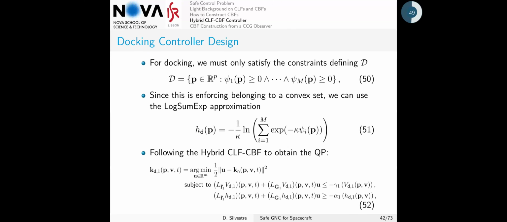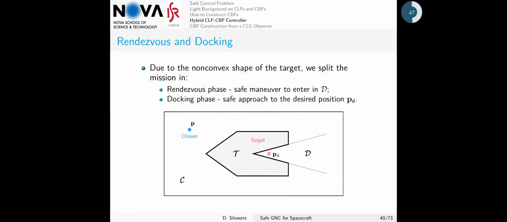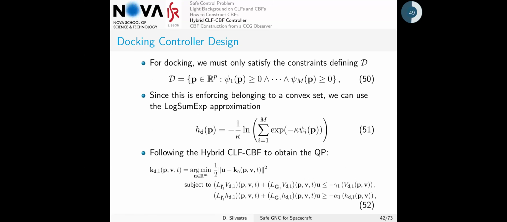If we are going for the docking phase, it's much easier because we don't need the hybrid part. Once we are inside this target region, this is a convex region, so it just means don't leave these boundaries. We can enforce that with a log-sum-exp trick, and that's exactly what we did.